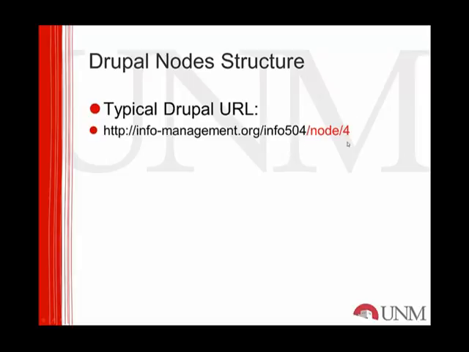And then the Drupal address for each page or piece of content in the Drupal site is prefixed with the word node, a slash, and then the record ID of that node. And it doesn't matter if that node is an article posting, a book, a page, a user poll, or a forum posting. Each piece of content is a node that has a record ID, and so there's a very simple address system for Drupal nodes.